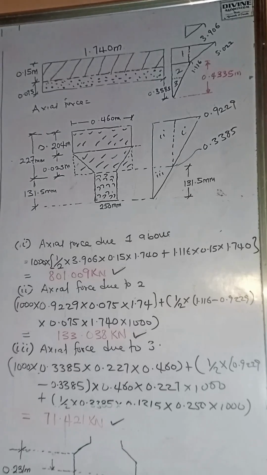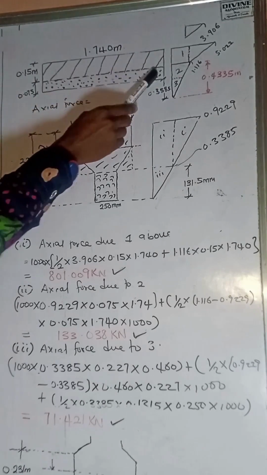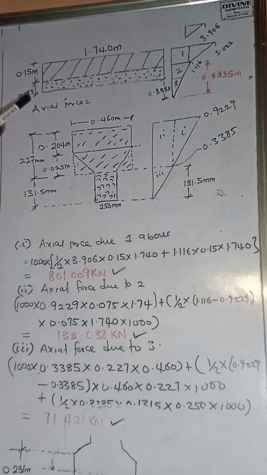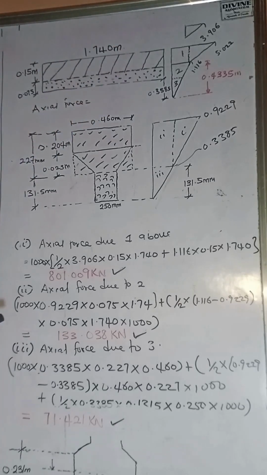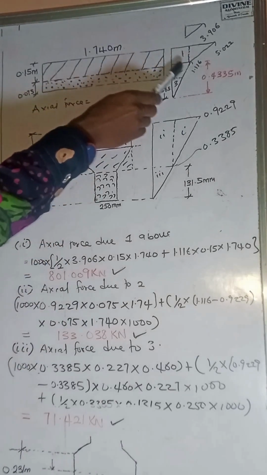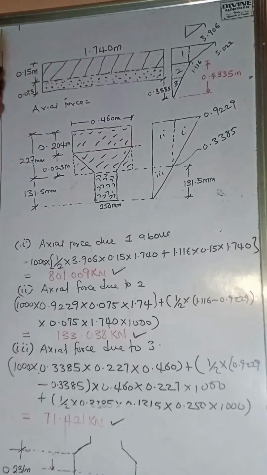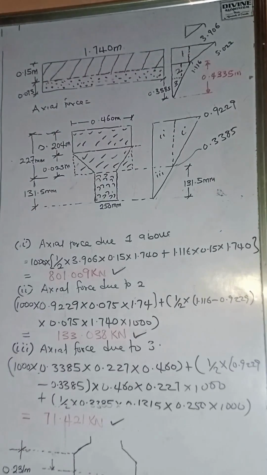Now let's look at the second one, which we call portion 2, acting on this place, and that dimension is 0.075 versus 1.74. We do the same way, multiplying the stress by 1,000 and then by the area, because we are also going to divide this into two portions: one a rectangular portion, and the other a triangular portion.